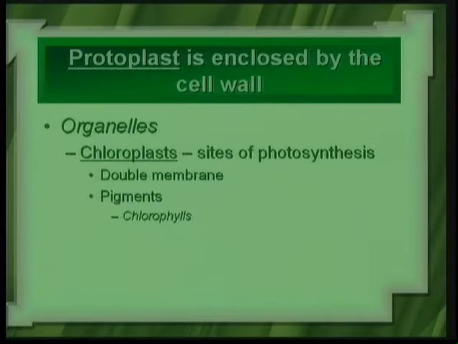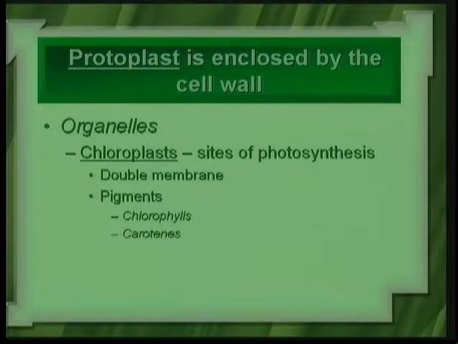One is a yellowish green pigment, the other is a blue-green pigment. Because they're a little bit different in color, they can absorb different parts of the light spectrum. Visible light goes all the way from red, into orange, into yellow, into green, different kinds of greens, into blue, and into the violet.